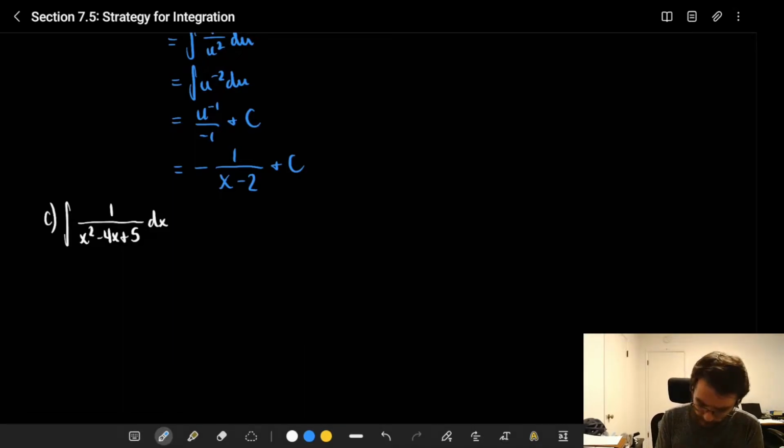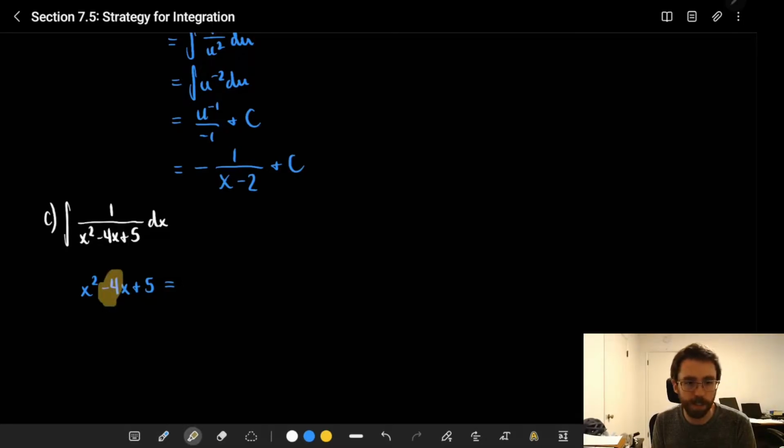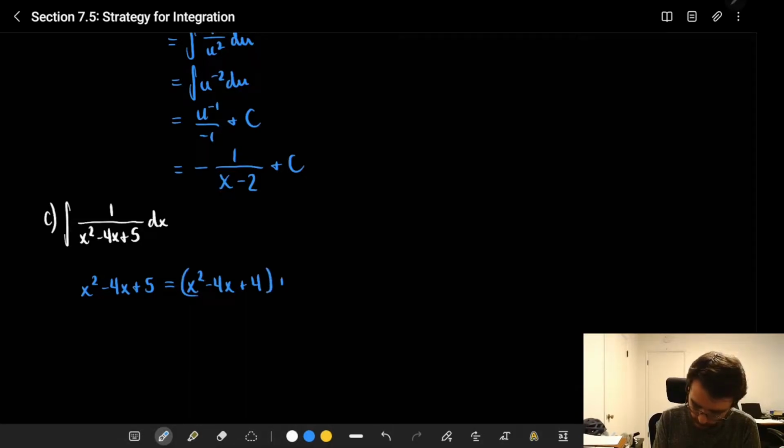So I say, okay, completing the square, if I take this number, divide it by 2 and square it, and then tack that on, that would have been like saying, just add 4, and then plus 1, so that's no change, you're still adding 5.